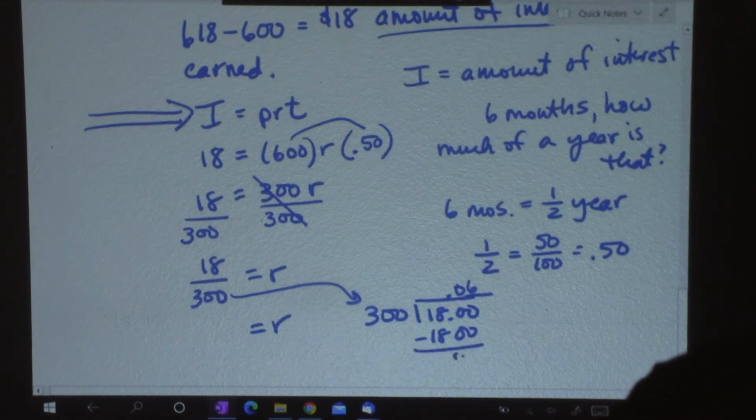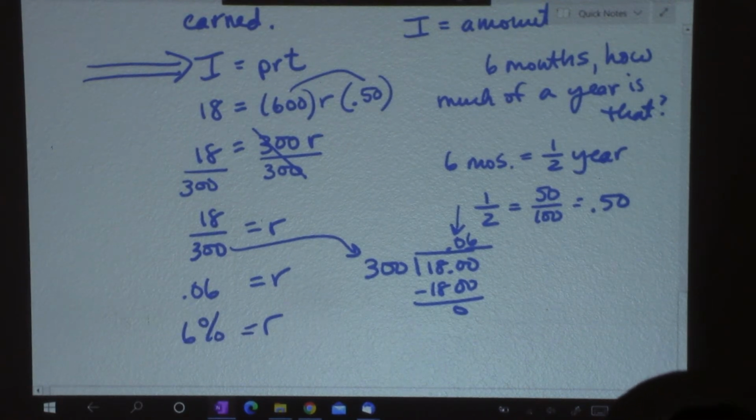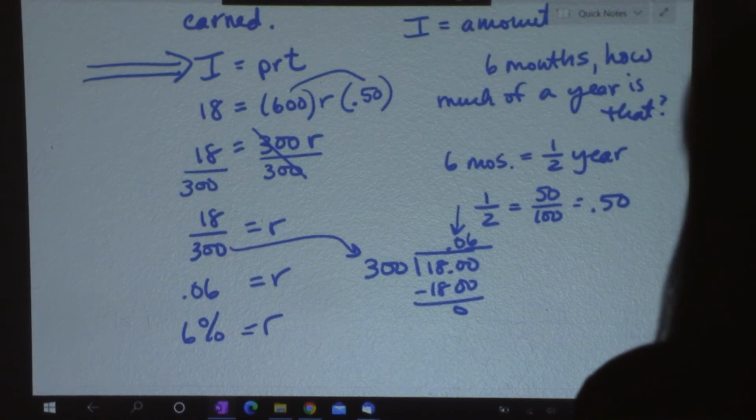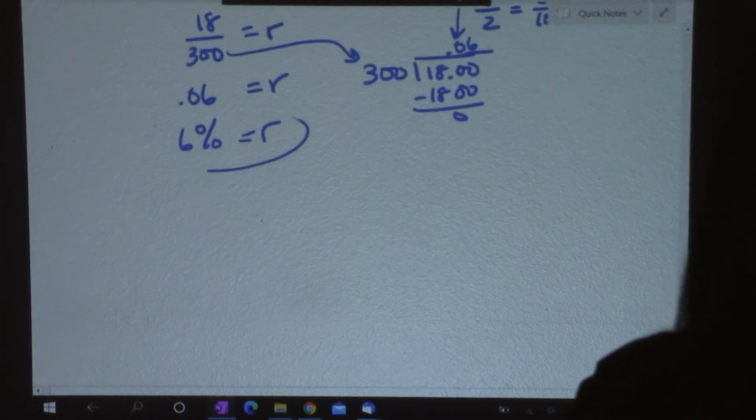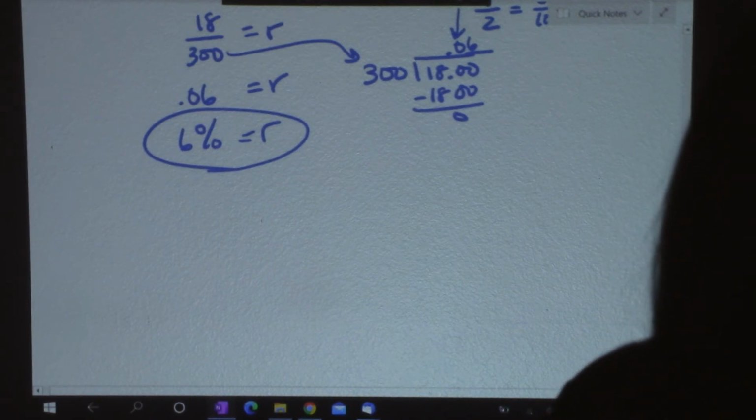And it works exactly. Remember, 300 doesn't go into 18, so I have to hold that spot with a 0. So my rate is 0.06, which is the same as 6%. Okay, I want you to try 2 on your own. That's my answer. And then we'll do a couple more.